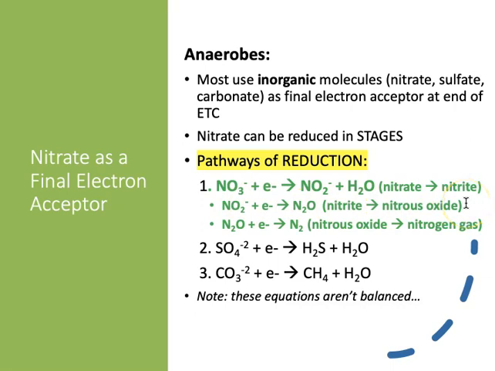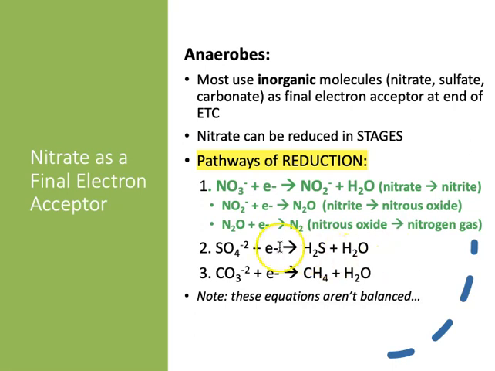In still other microbes, the reduction continues, and the nitrous oxide gets reduced to nitrogen gas. So microbes can perform all different combinations of reduction pathways for nitrate, depending on the species. And that's what the Nitrate Reduction Test is looking at.